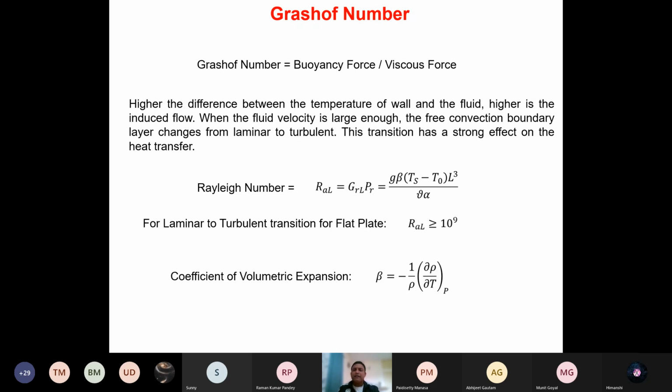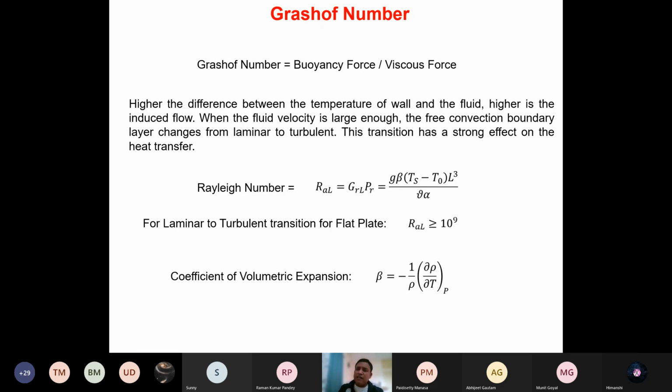In this equation, beta is the additional variable, which we have defined as the coefficient of volume expansion. This coefficient of volume expansion is defined using this equation. But very often we are looking at systems involving air, and with some amount of error, we assume that air is also an ideal gas.